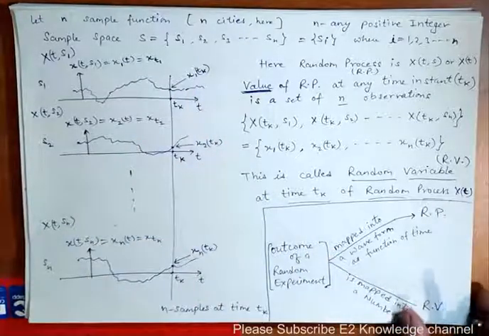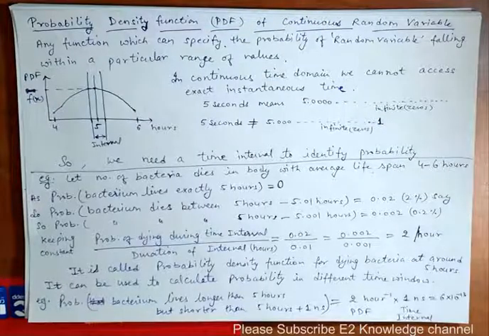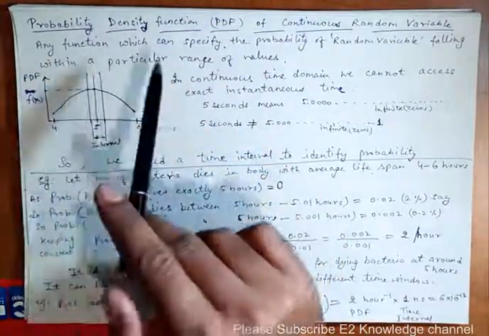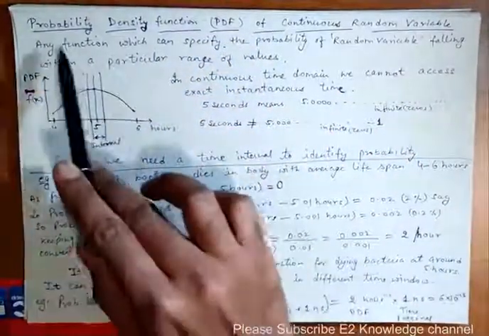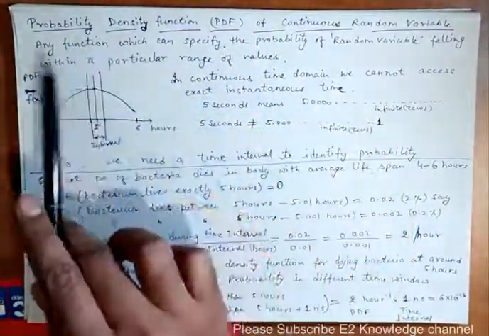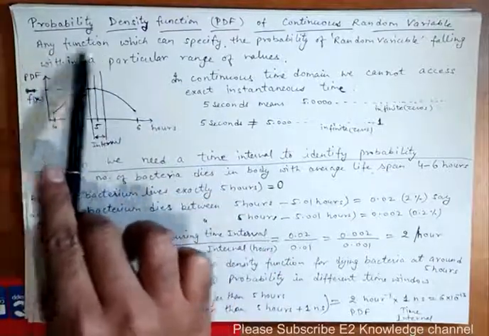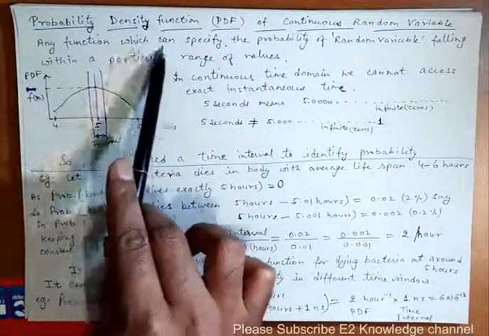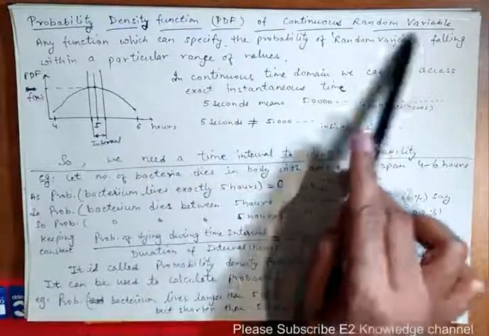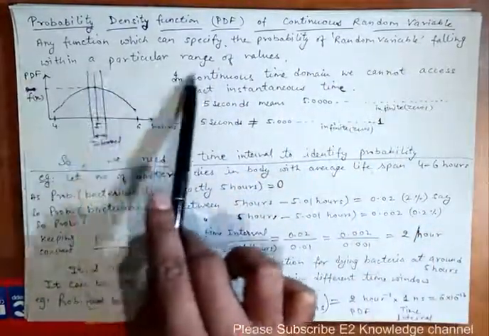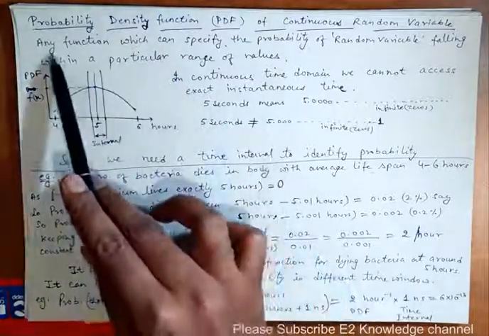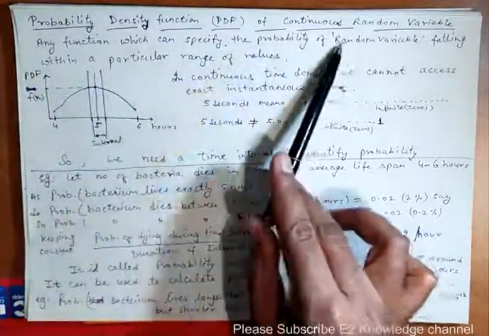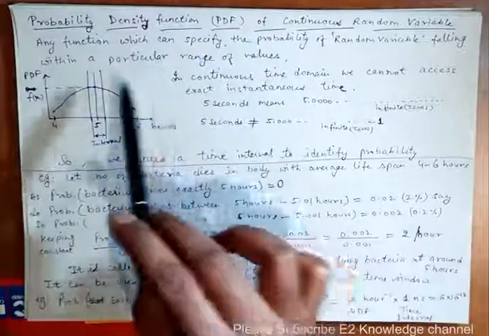Okay. Now, what is a probability density function? We have heard it many times, of a continuous random variable. In easy words, we can assume that it is any mathematical function which can specify the probability of that random variable falling within a particular range of values. And why is it in a particular range?